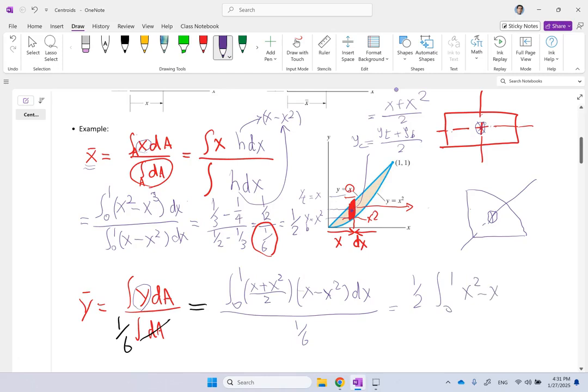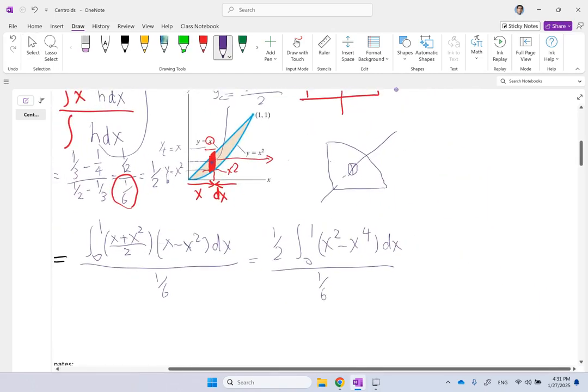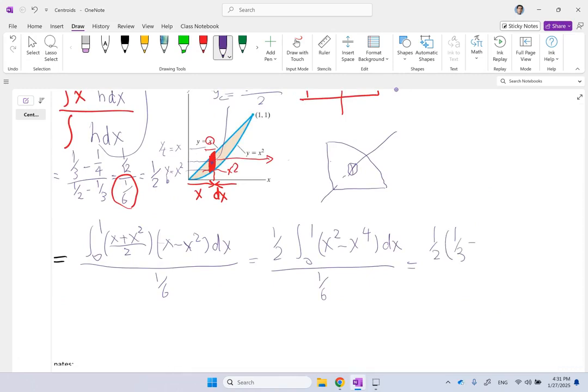So we get this. And if I continue here, this is going to be 1/2 times. This is going to be 1/3. That is going to be 1/5 over 1/6. And this guy here, this is going to be 2 over 15.